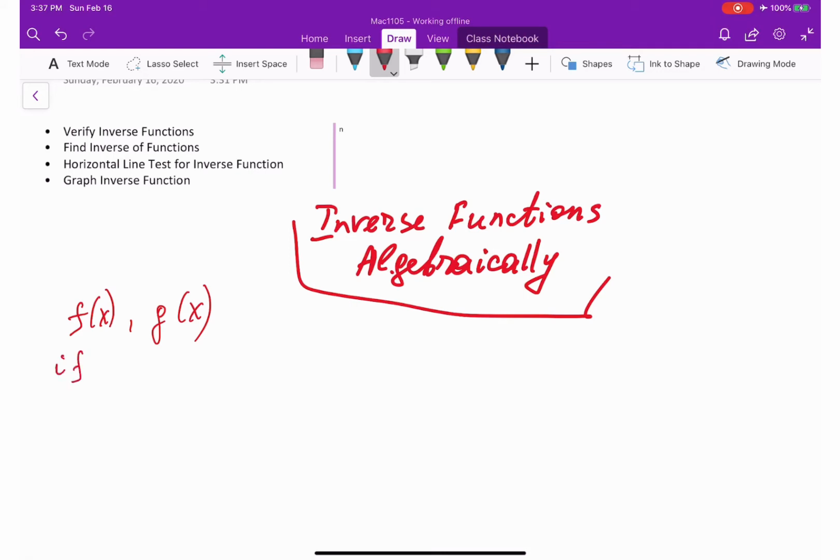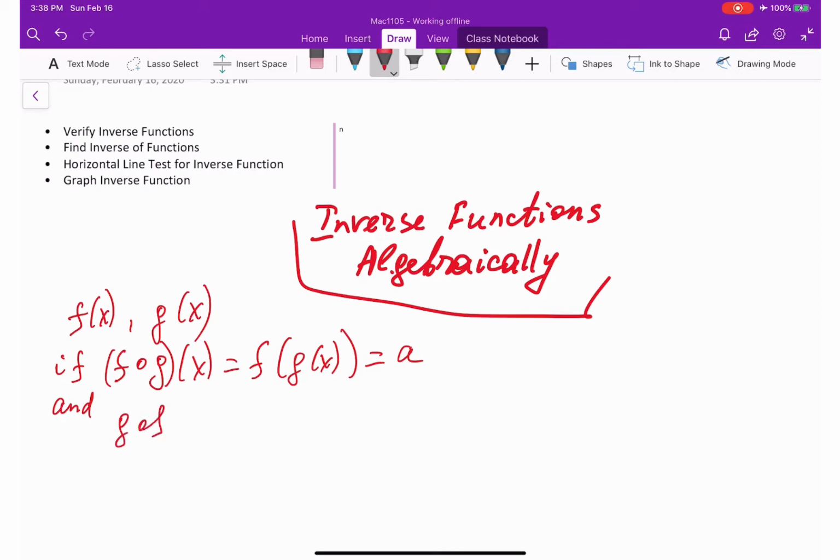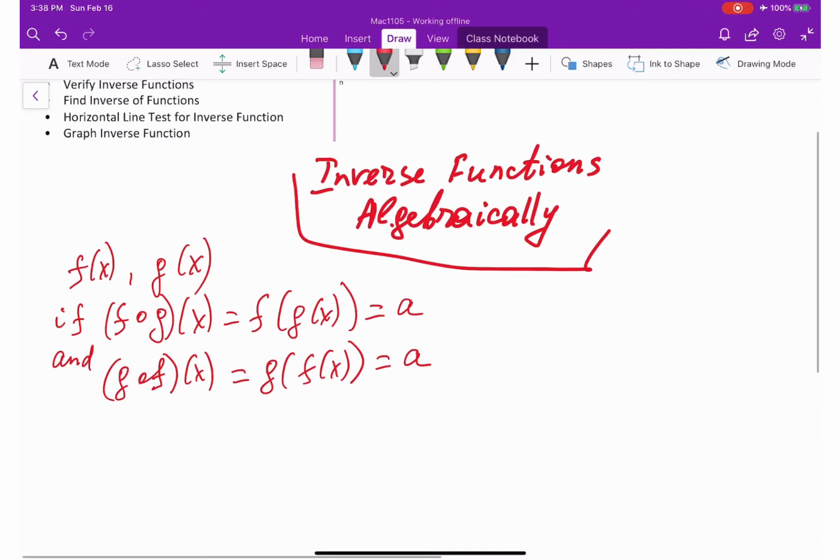So, if f composite with g, which is f of g of x, is equal to some value a, it could be an expression or one value, it doesn't matter, and at the same time, g composite with f, which is g of f of x, is equal to the same a, then, hence, we can say that g of x is inverse of f of x.